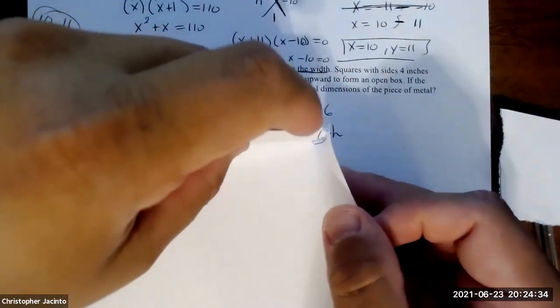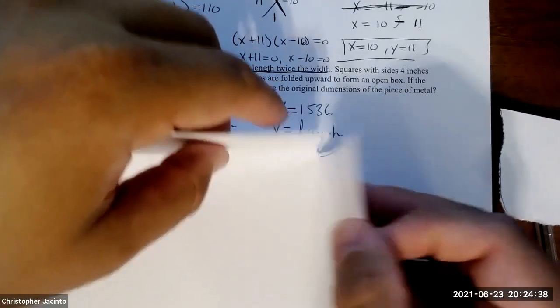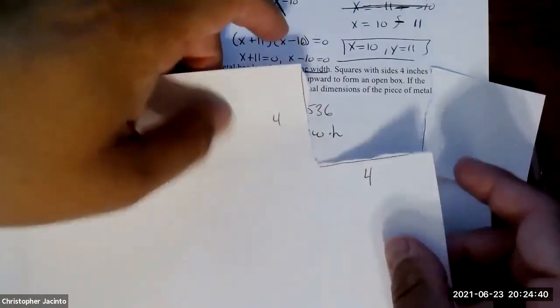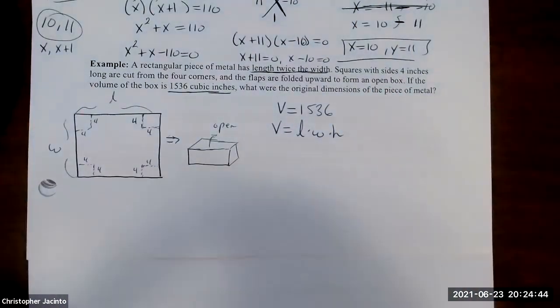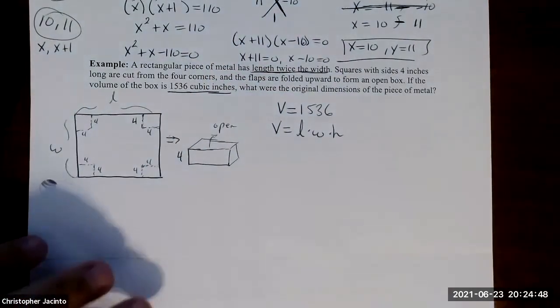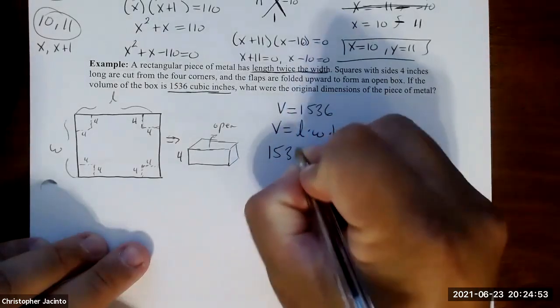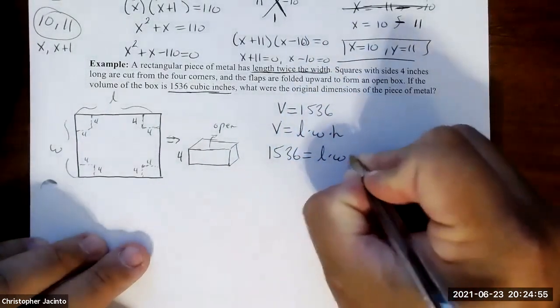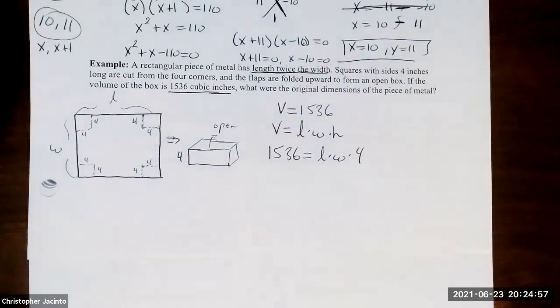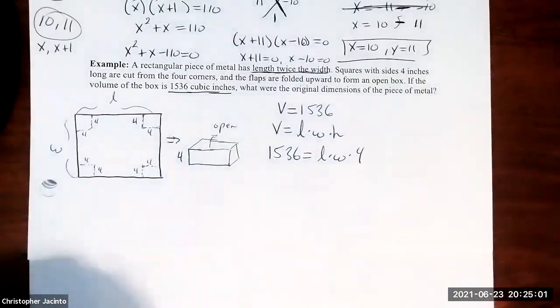Anybody have an idea? 4 inches. Yep, 4 inches. It's exactly how much you cut to go up there. So from that concept, we know how tall it is, or in other words, we know the height of this box. So we just plug this in. That's not too bad, right? We got one of the numbers we're looking for. Boom, we got 4. So now we just look for L and W and we're done.